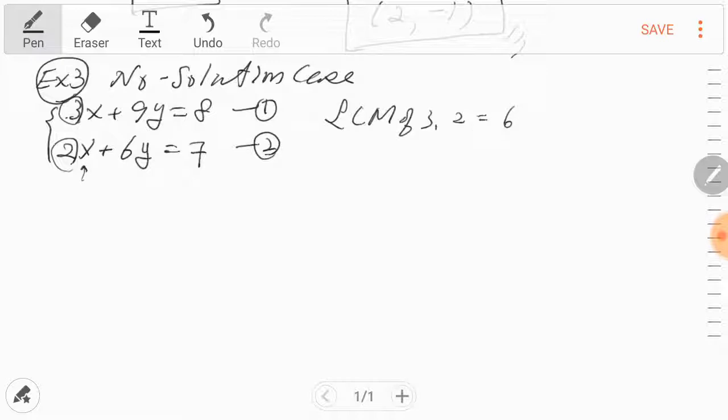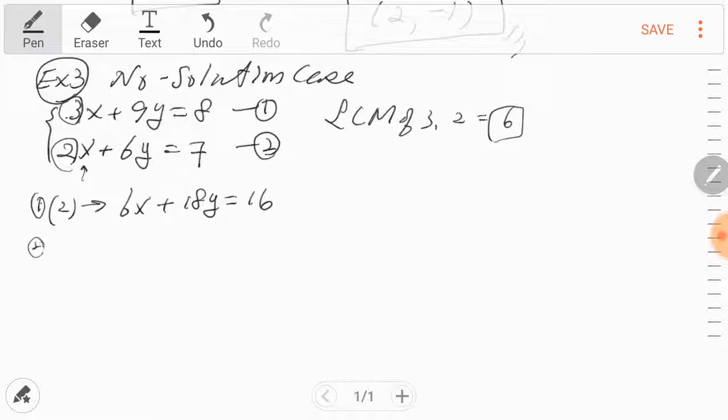So we want to make the coefficient of x to be 6 and the other one negative 6. Multiply the first equation by 2, then the coefficient of x will be 6, so 6x plus 18y equals 16.